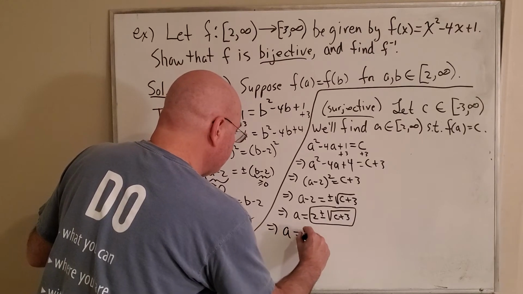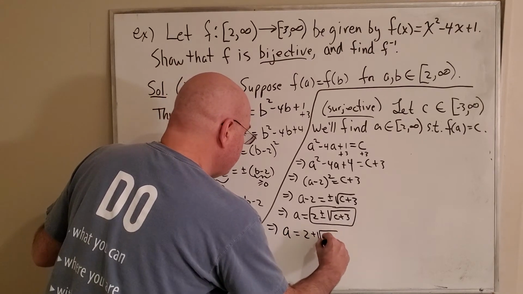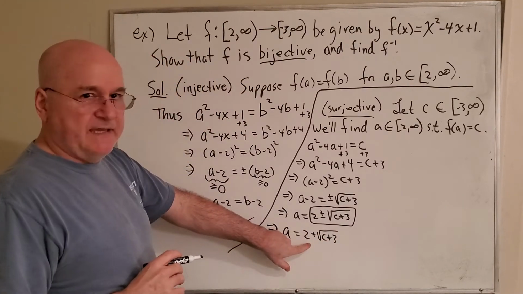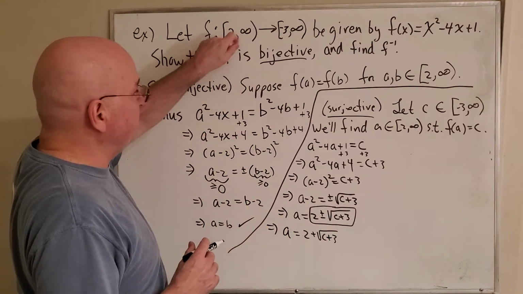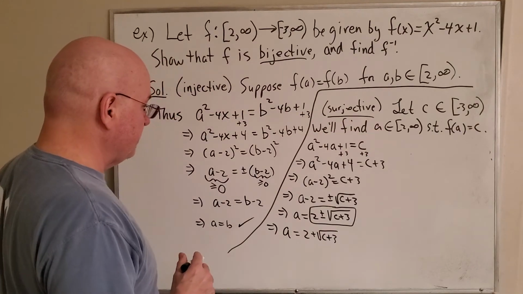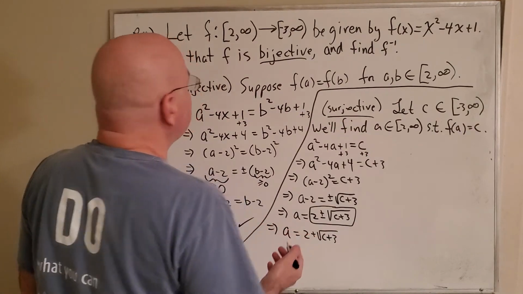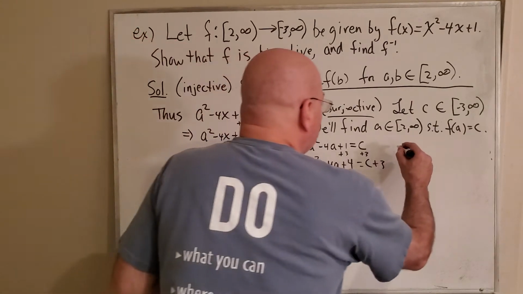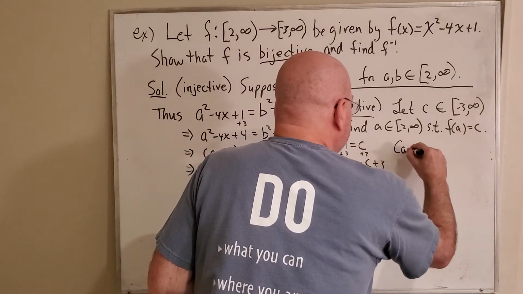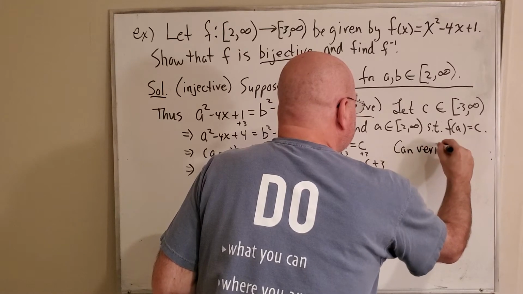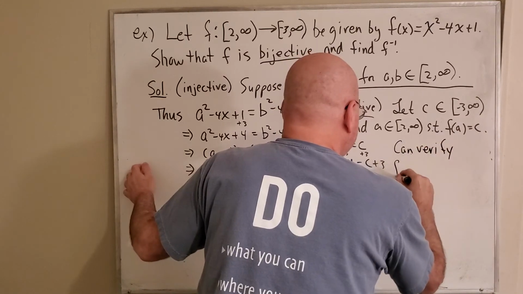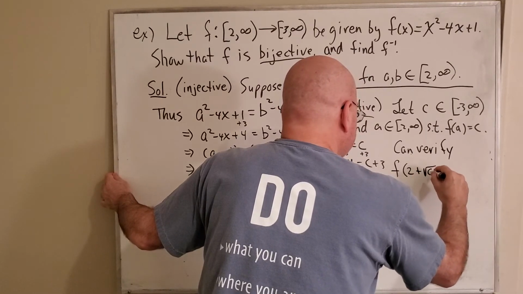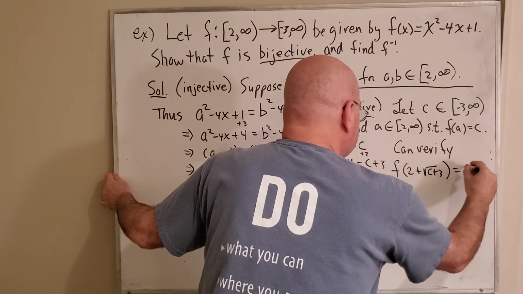A is equal to 2 plus the square root of C plus 3. That's the value of A that, if we put it into the function, we'll get C out. We can verify that. I'm running out of room. I'll leave this for you. I'll say, can verify that f of 2 plus the square root of C plus 3 is equal to C.